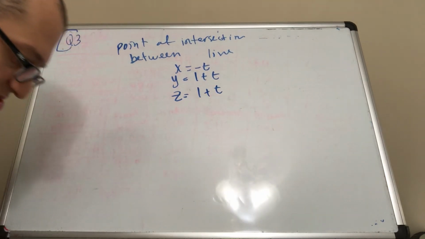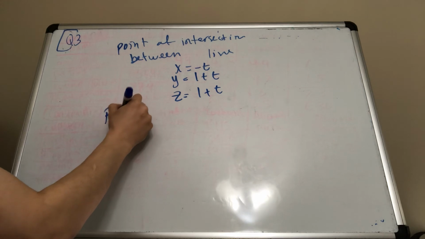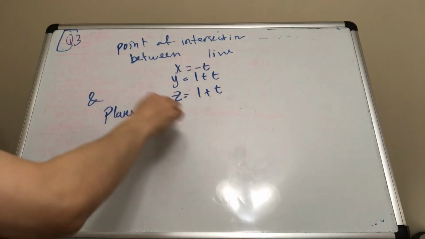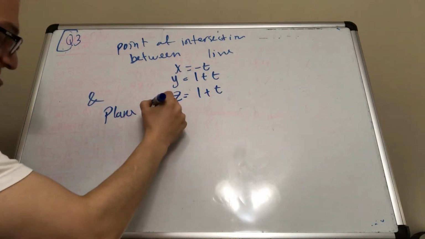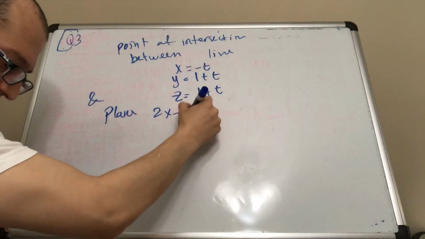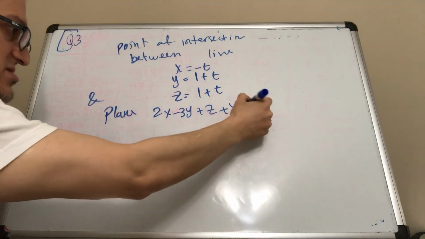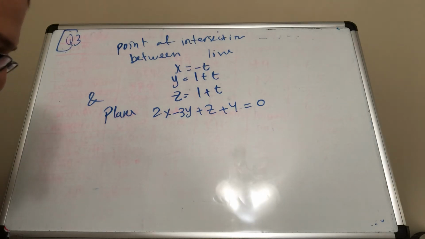Both of them 1 plus t. And the plane, so the intersection between this line and the plane 2x plus 3y minus z plus 4 equals 0.